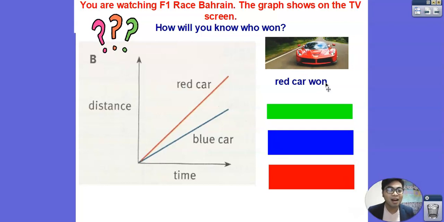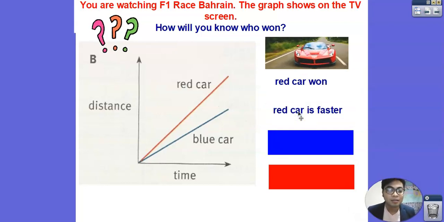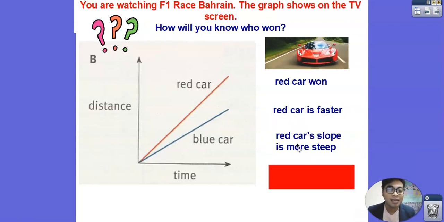So let's see if your words match with the words I have here. It's the red car which actually won. So the question here is why? The red car is faster, but what makes you think that the red car is faster? Look at the slope. We call this line right over here the slope. It's steeper compared to the blue car.